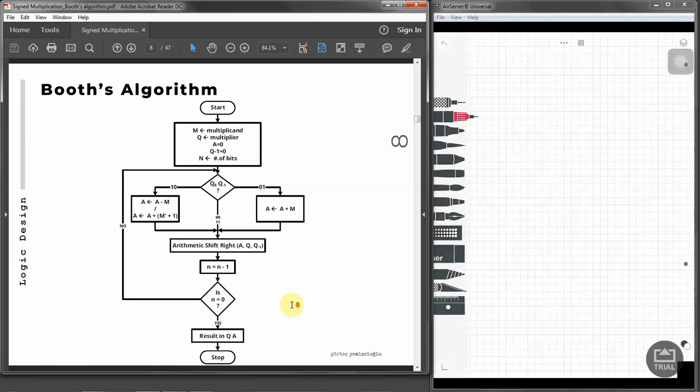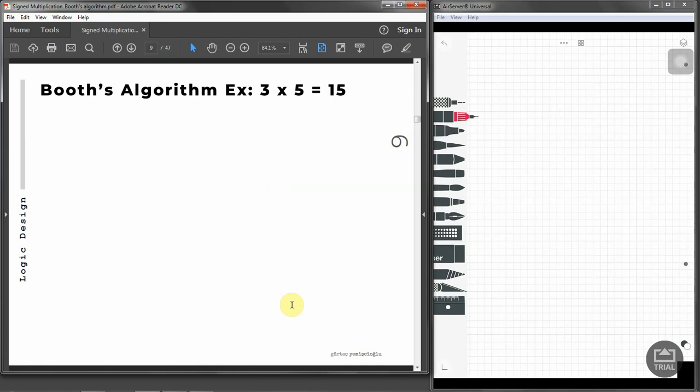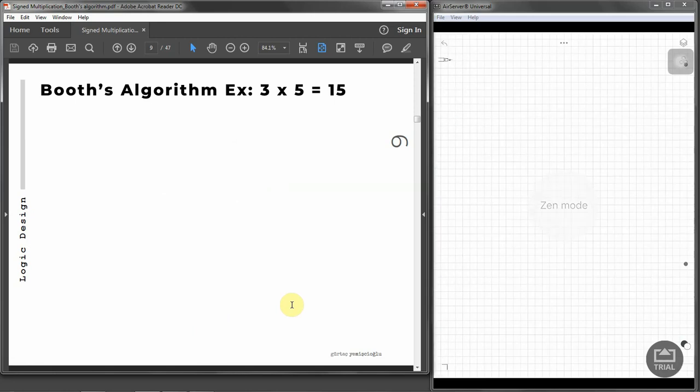The first example is 3 times 5. Now, for 3 times 5, let's write 3 first. We can write 3 with 2-bit numbers, which is 1, 1. Can we write 5 with 2-bit numbers? No. 5 needs a 3-bit number. So that means we need to write 3 with a 3-bit number as well.